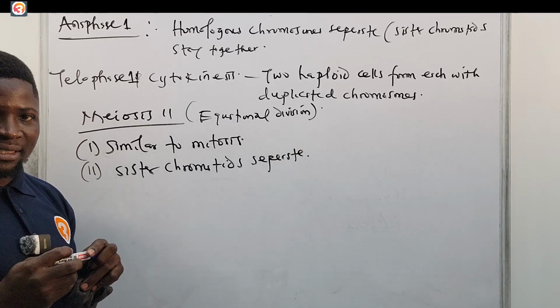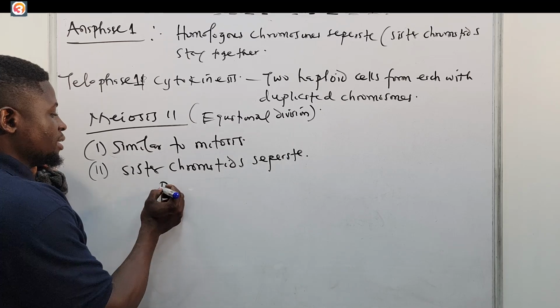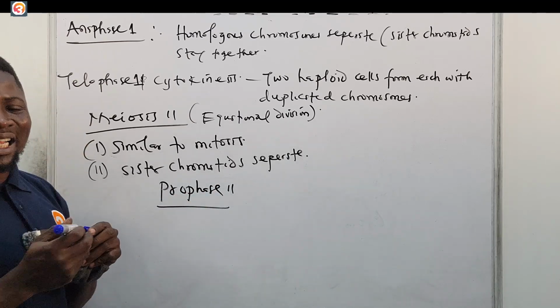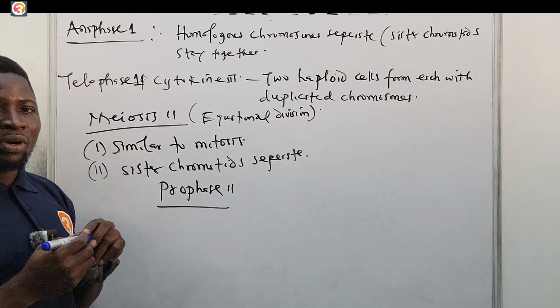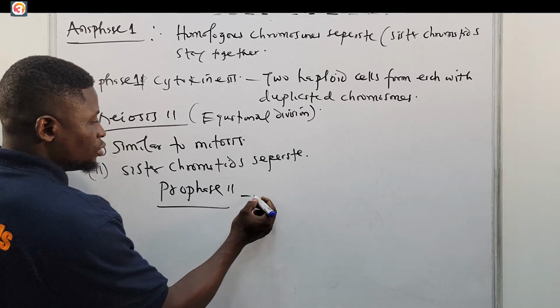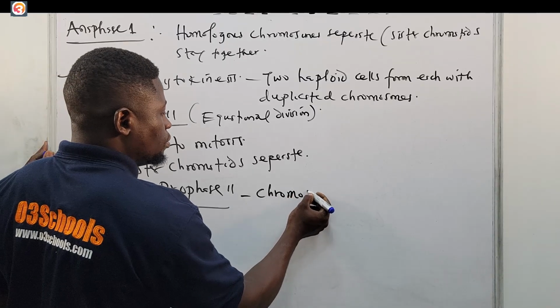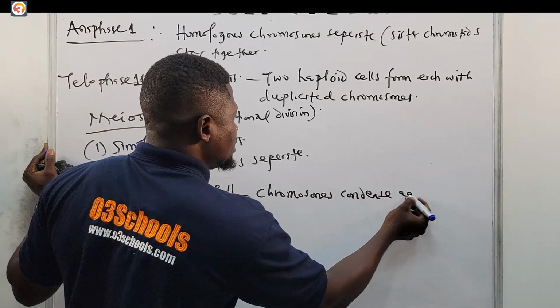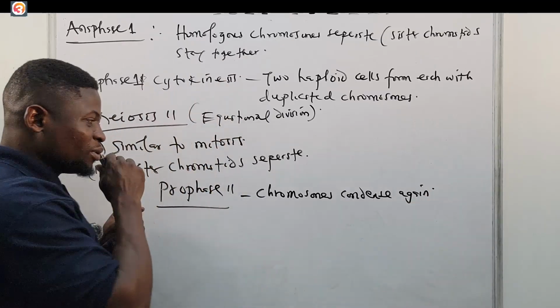Now for the phases. In prophase 2, the chromosomes condense again. This is what happens in prophase 2.